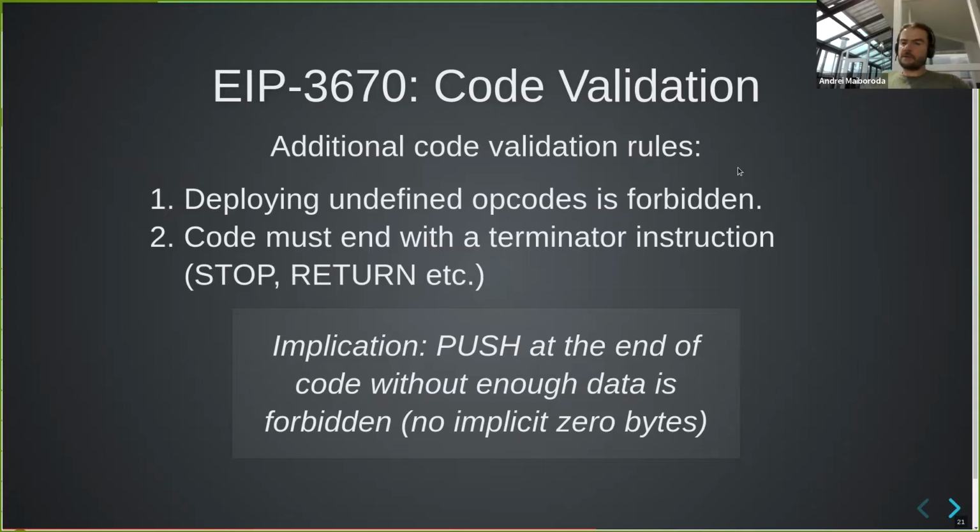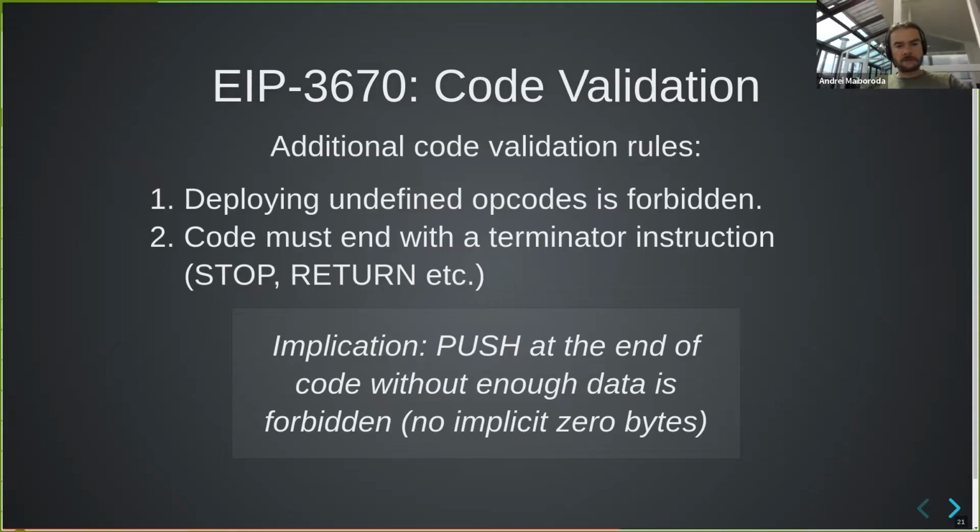The motivation for this is that it makes implementation a bit simpler: to determine whether a specific byte value is a defined opcode or not, with this rule in place you would need only the EOF version, and otherwise you would also need the network upgrade version, probably the fork version or something. And another motivation is that with this rule in place, it becomes easier to introduce new opcodes in the future without bumping the EOF version. We see this as a useful property.